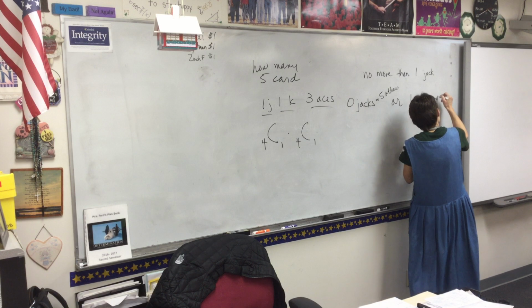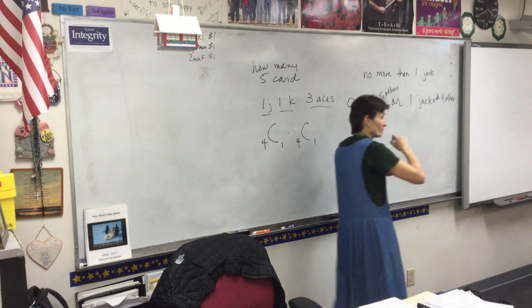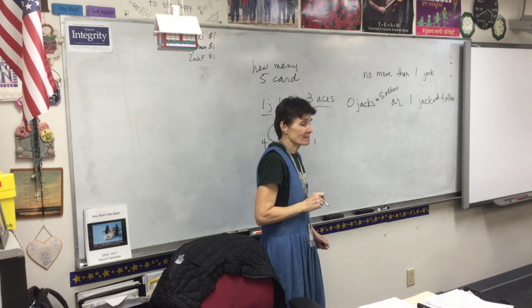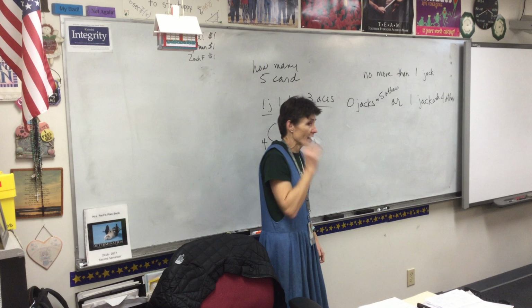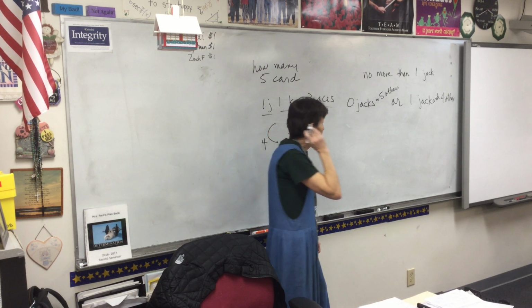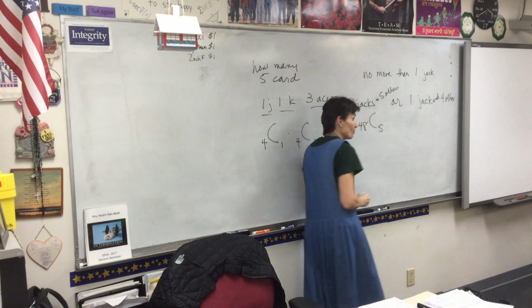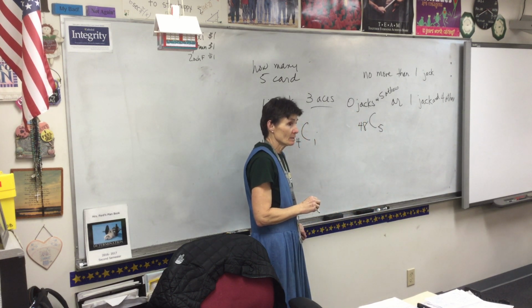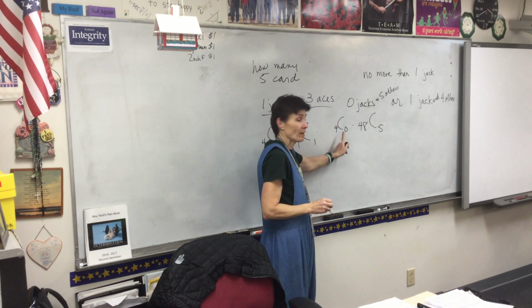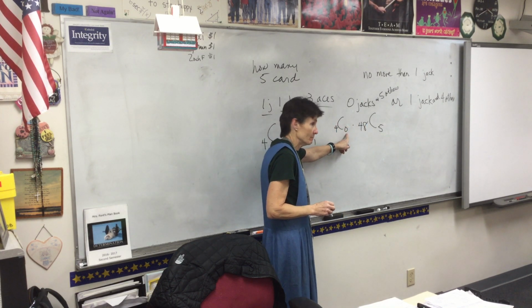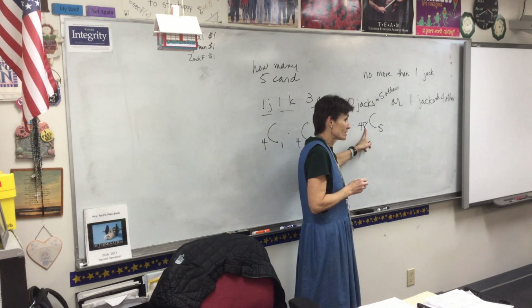Then 1 jack and 4 others. How many jacks are in the deck? 4. How many others are in the deck? 48. So I don't want any jacks, but I want 5 other cards. So if you want to put this on there, you can, but you don't have to. That would be no jacks and 5 other cards.